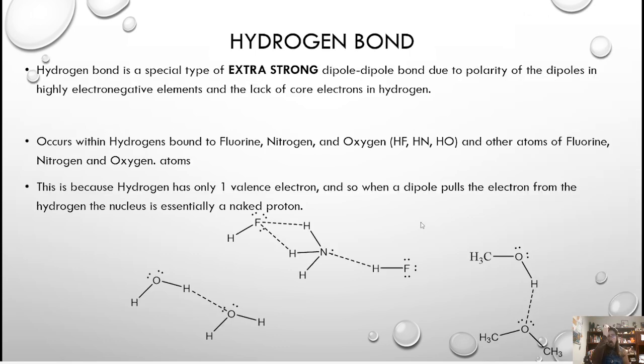Well, now dipole is the next best, but really hydrogen bonding is better than dipole. But hydrogen bonding is a specific type of dipole interaction that only comes with certain special types of atoms.